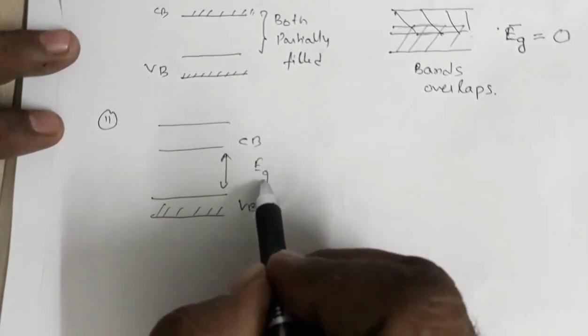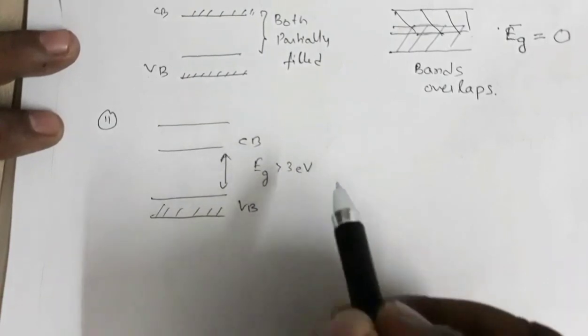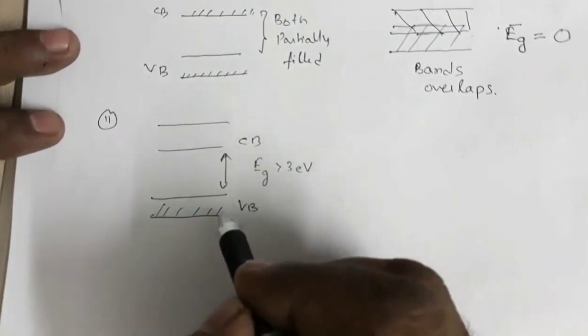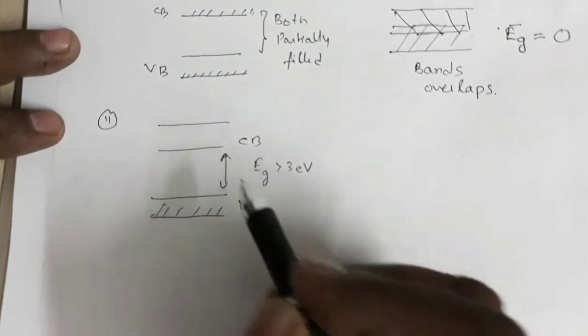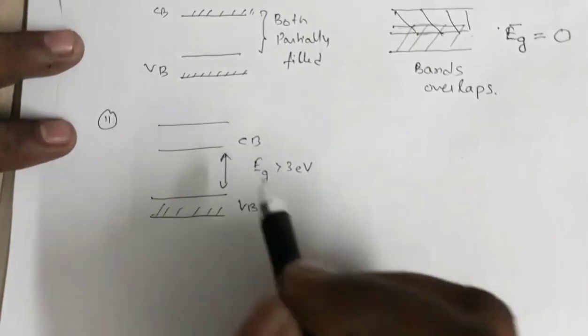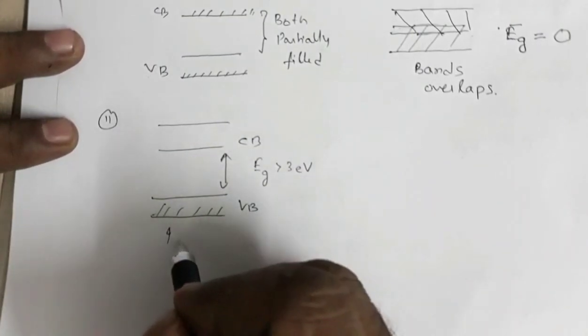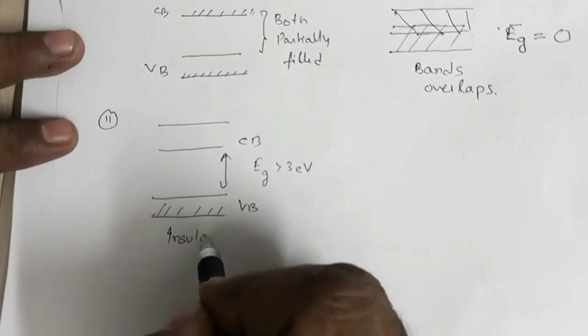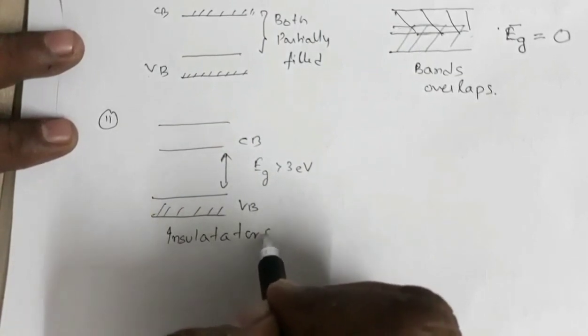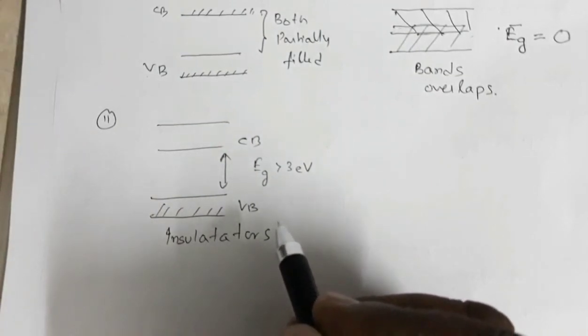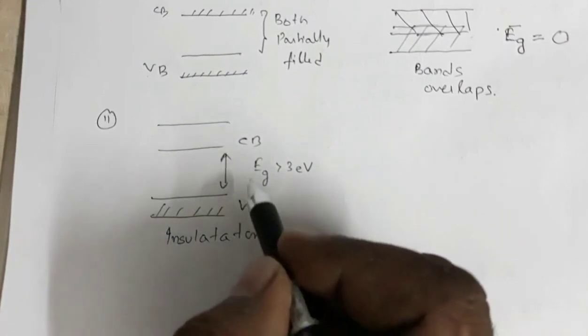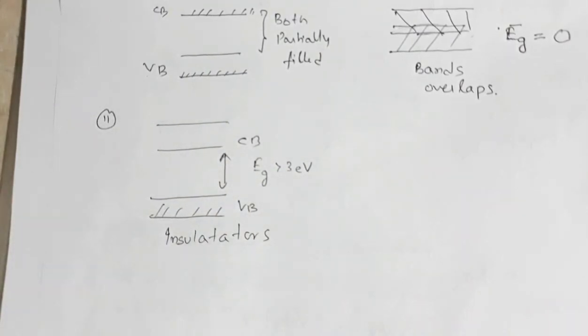This band gap is, say, greater than 3 electron volt, so that no electrons are available in the conduction band. Such materials are insulators. Insulators are materials with a very large gap between the conduction band and the valence band.